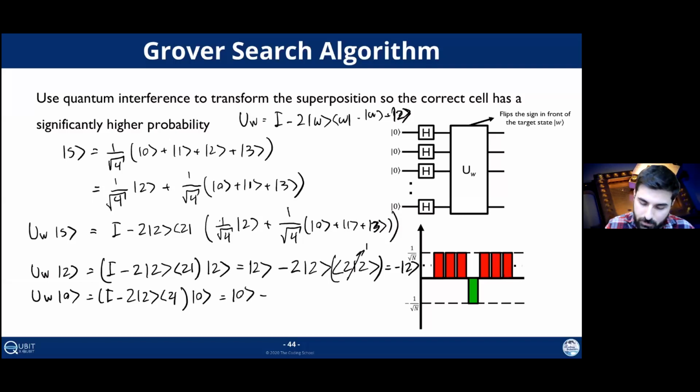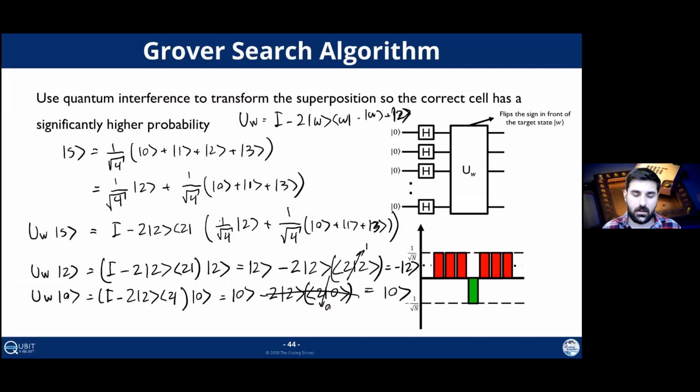And then I have minus 2 times this outer product acting on 0. Now let's look at this inner product we have formed over here. What I mentioned earlier is that if the states aren't the same, the overlap between the two states is just 0. So the overlap between 2 and 0 is just 0, and this whole part is 0. What I end up with at the end of the day is the same state, with no negative signs.